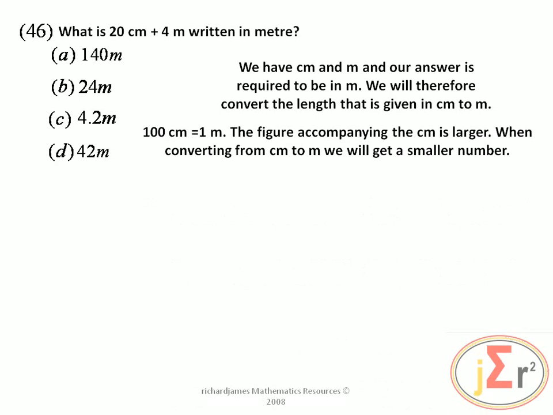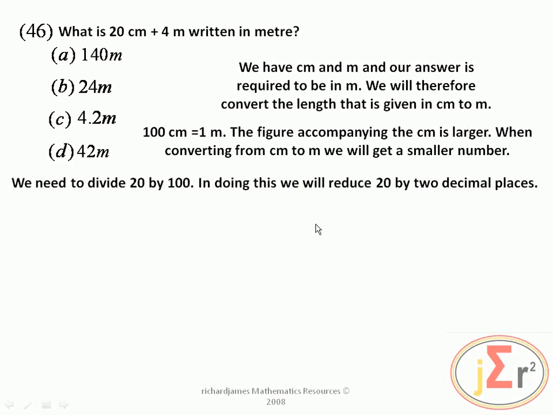The figure accompanying the centimeter is larger. When converting from centimeter to meter, we will get a smaller figure. See, centimeters going over to the meter side, the value is smaller. So if we are converting from centimeter to meter, the figure that we'll get will be smaller.